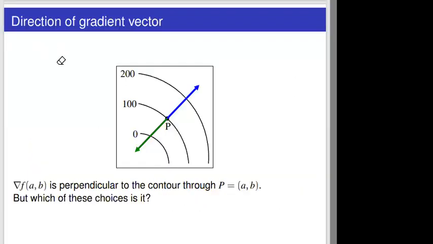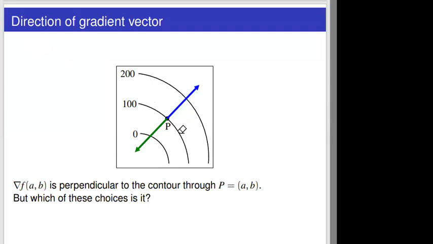This is important, the direction of the gradient vector. The gradient of f is always perpendicular to the level curve, to the contour.